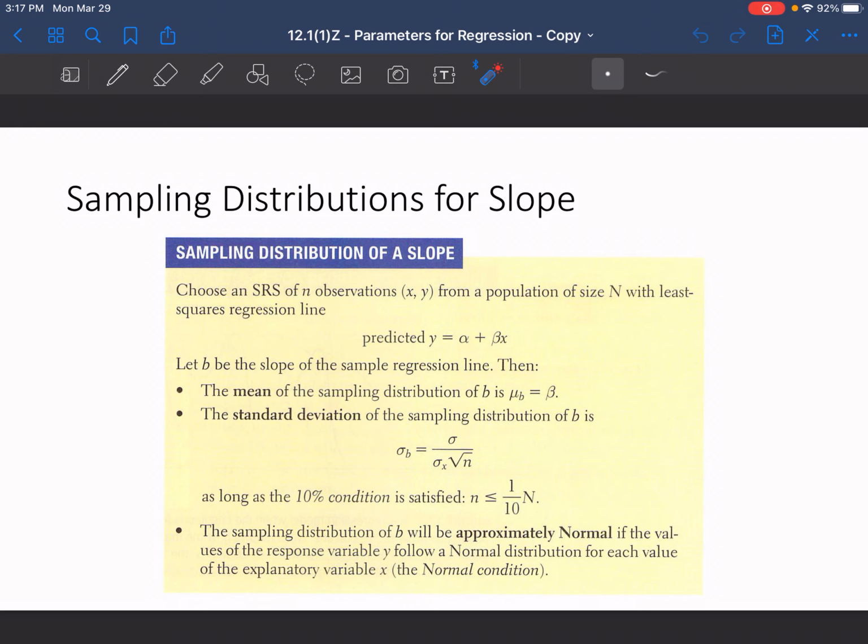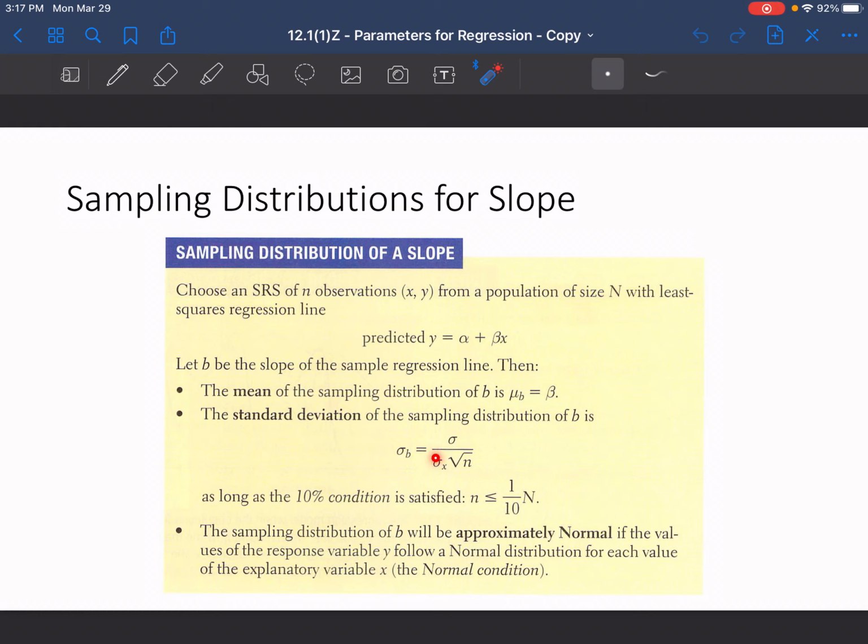The standard deviation is going to be a little different. It is going to be basically the standard deviation divided by the standard deviation of x times the square root of n, as long as the 10% condition is met, where n is less than 10% of the total population.